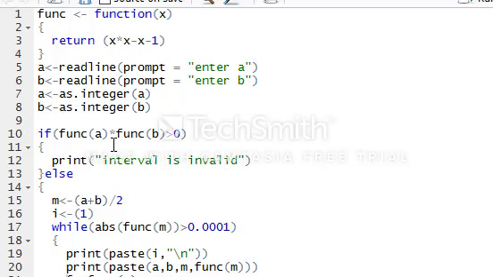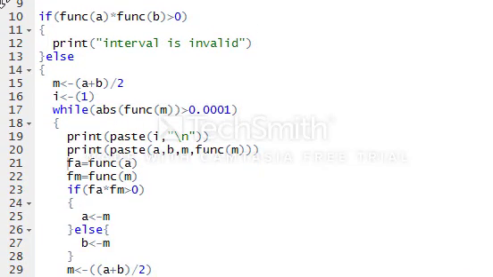If function of a into function of b turns out to be positive, the interval will be invalid. Else, if it's negative, then we'll do the rest of the procedure. Since if it is positive, there will be no root lying between them, so there is no point of calculating the root. Now we'll take the midpoint of them as m, where m equals a plus b by 2.